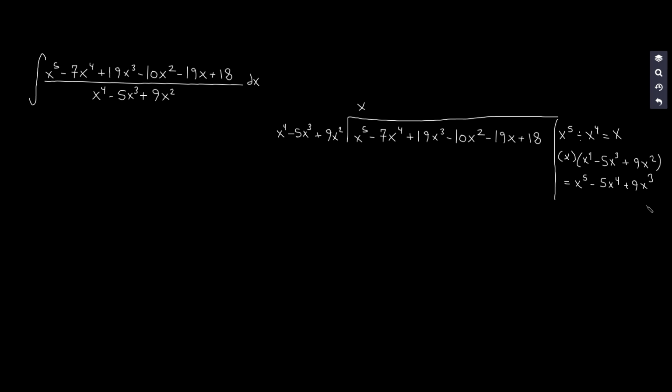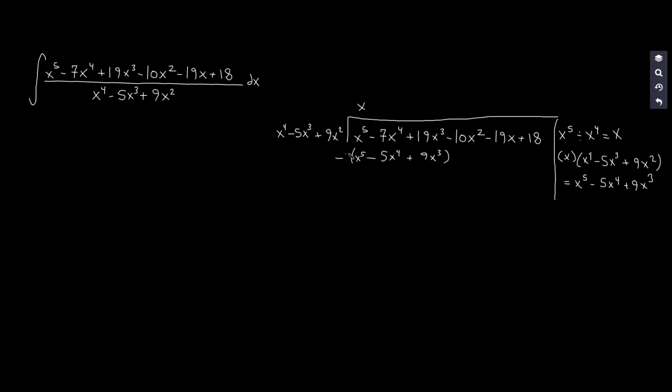And then I think we're gonna have to subtract. We have to line it up though. So what is this? x raised to the fifth minus x raised to the fifth minus 5x raised to the fourth plus 9x raised to the third. And then we have to distribute this, right?